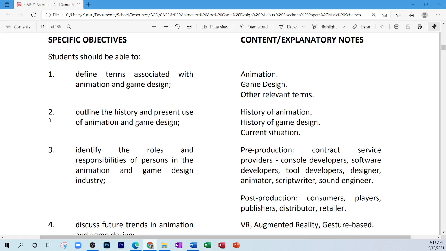So what is the history of animation? What is the history of game design? And what are we currently doing? So Zain, you can start researching the history of animation. Okay. We can do the same. Google that once again. Ariel, you are doing the history of game design.